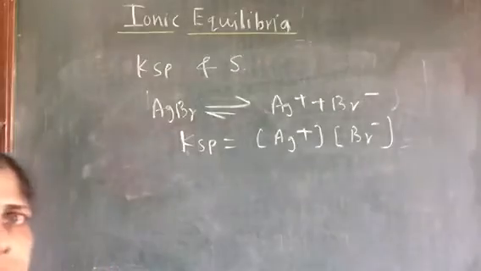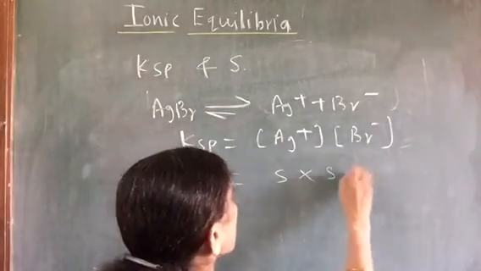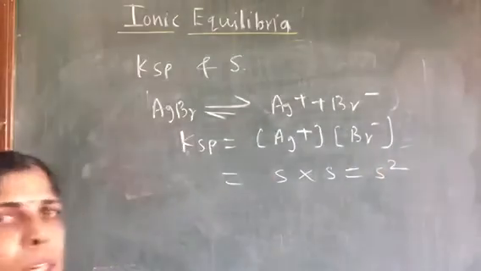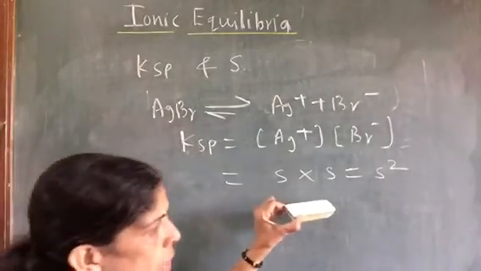If S is the molar solubility, then it will be equal to S into S, that is S square. So the relationship between solubility and solubility product for such salts is KSP equals S square.